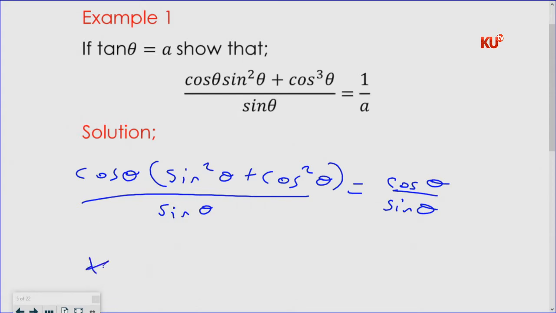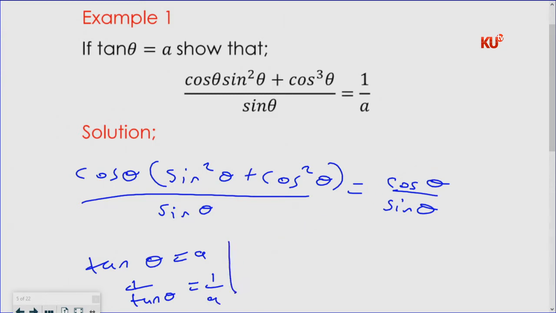So this tan theta is equal to A. That is what we have. If I have 1 over tan theta, it is the same as 1 over A. So you should have this in mind.